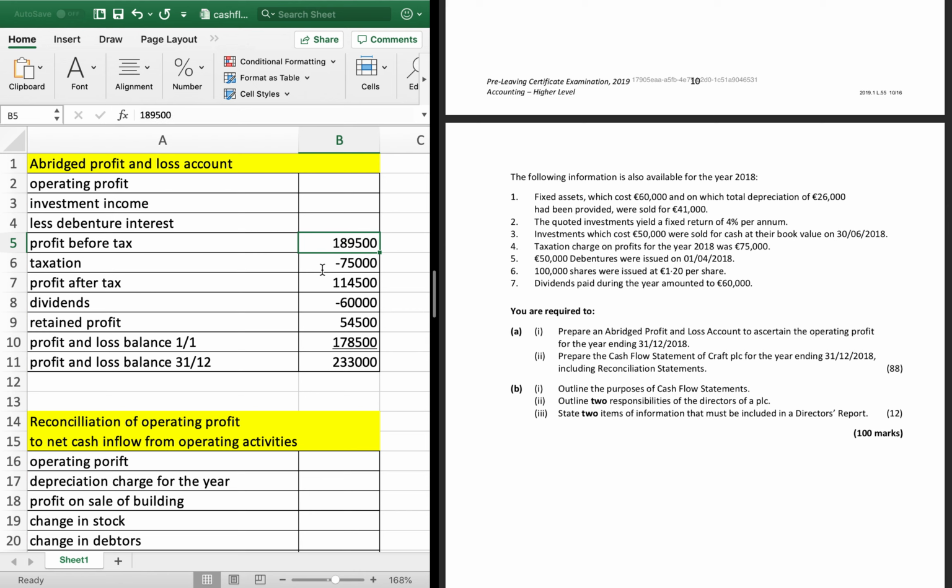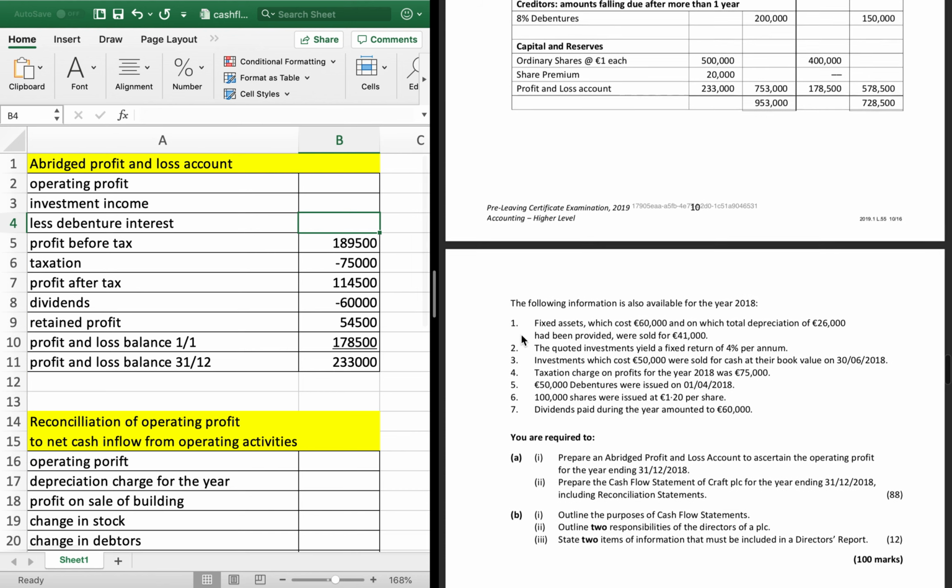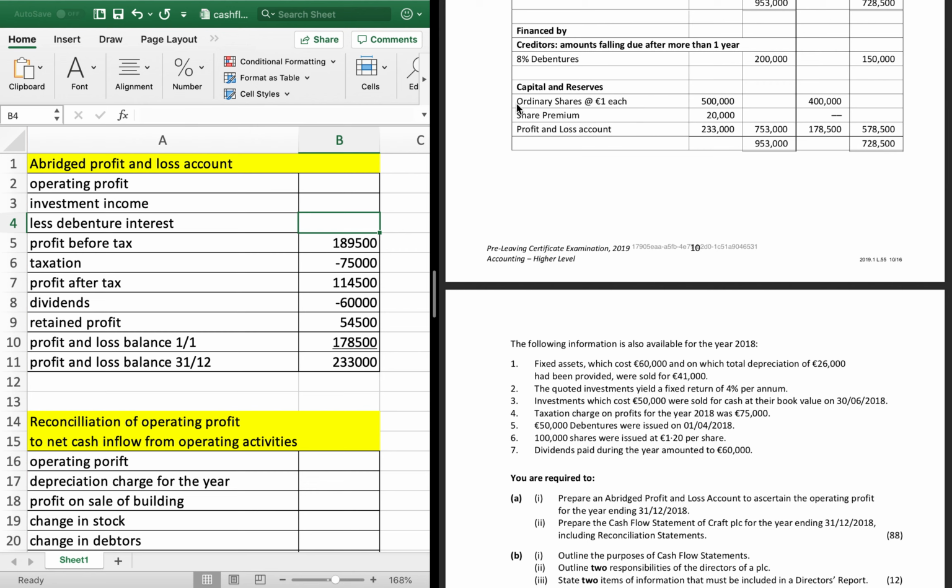Then you have your two interests, debenture interest and investment interest. So we look for debentures. They're 8% debentures, and it's 8% of either 200,000 or 150,000 or something in the middle of the two. So we'll see what it says about debentures. 50,000 debentures were issued on the 1st of the 4th.